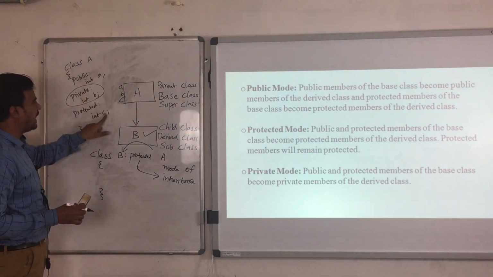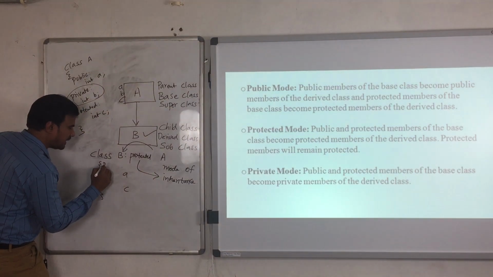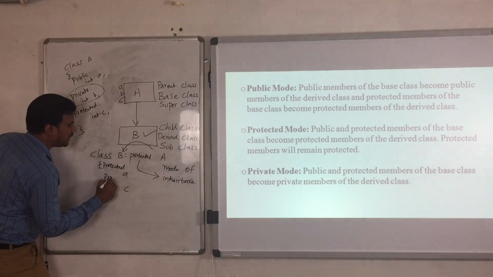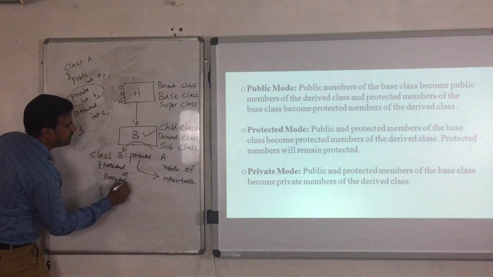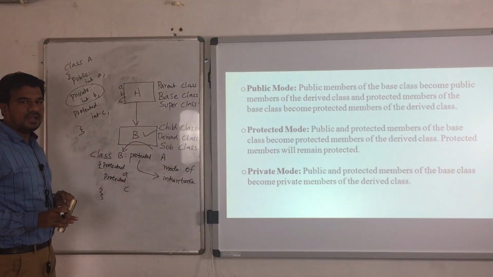So now I have A and C. A's access modifier will become protected, as well as C's access modifier will also become protected. Clear? In the previous case they won't change, but over here they will change.